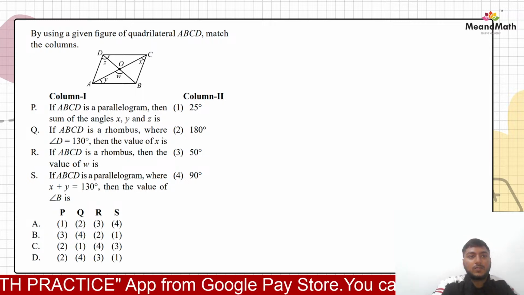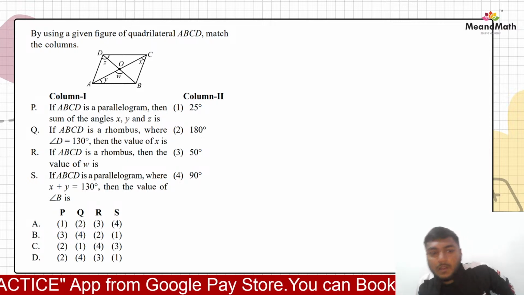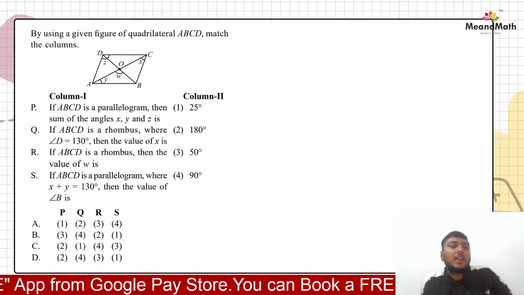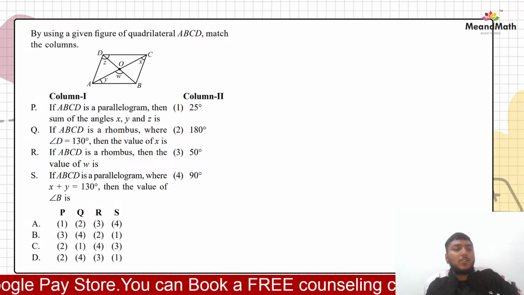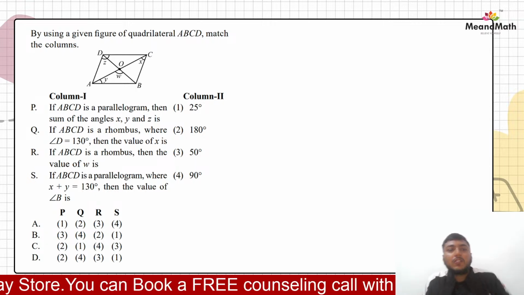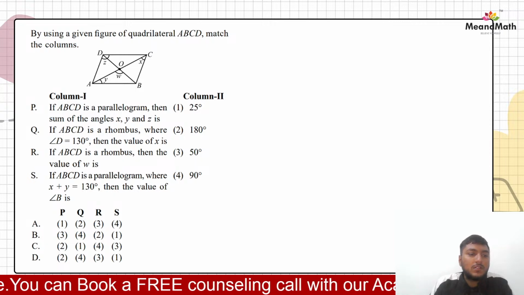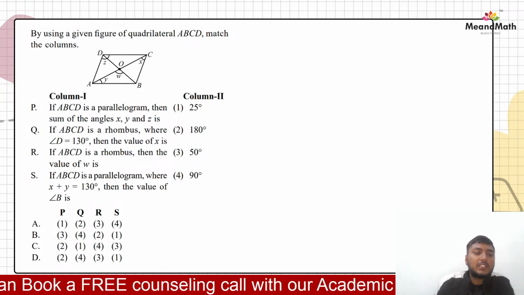So this is the first question for today's live stream session. We are given some options in 2 columns, column 1 and column 2, and in these columns 4 options are there. We have to match them.